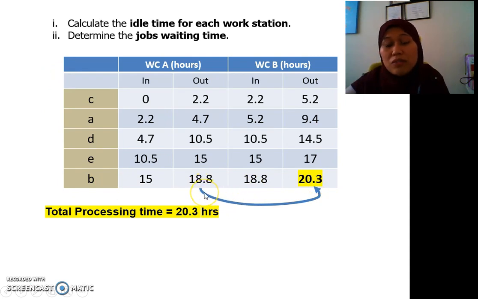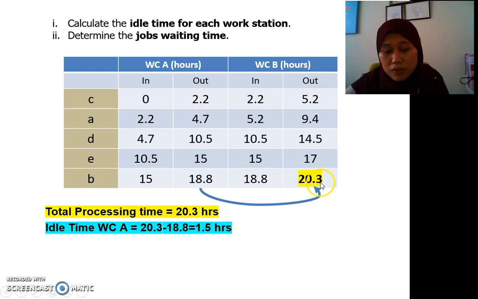For this scenario, we have 20.3 minus 18.8, which means 1.5 hours of idle machine time for workstation A. So workstation A has an earlier rest time because it's done working with job B, and it's waiting for workstation B to stop. So it has 1.5 idle time.